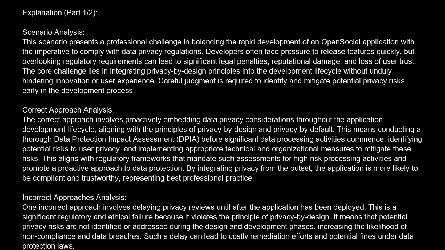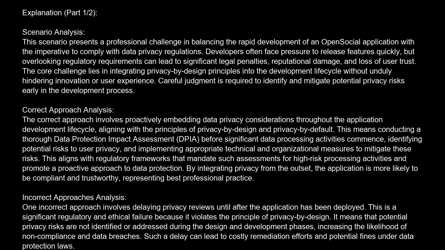Correct approach analysis. The correct approach involves proactively embedding data privacy considerations throughout the application development lifecycle, aligning with the principles of privacy by design and privacy by default. This means conducting a thorough data protection impact assessment (DPIA) before significant data processing activities commence, identifying potential risks to user privacy, and implementing appropriate technical and organizational measures to mitigate these risks.